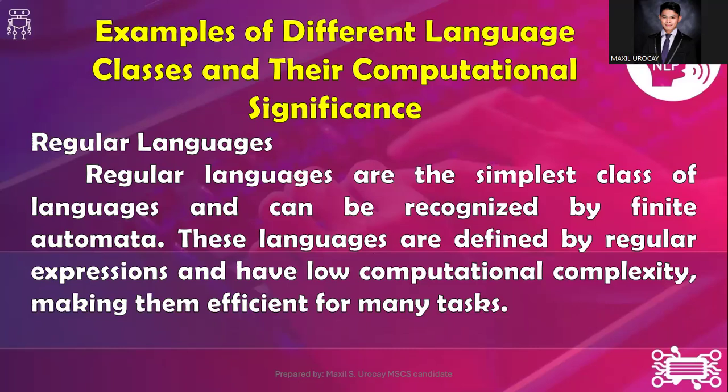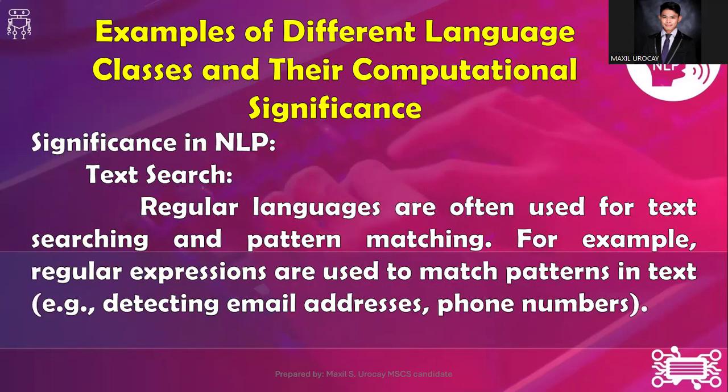So the regular language class is the simplest class of languages, recognized by finite automata and defined by regular expressions, making them efficient for tasks like pattern matching and text processing.